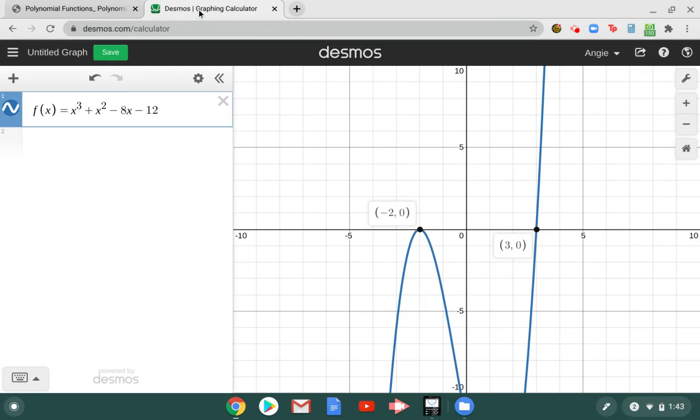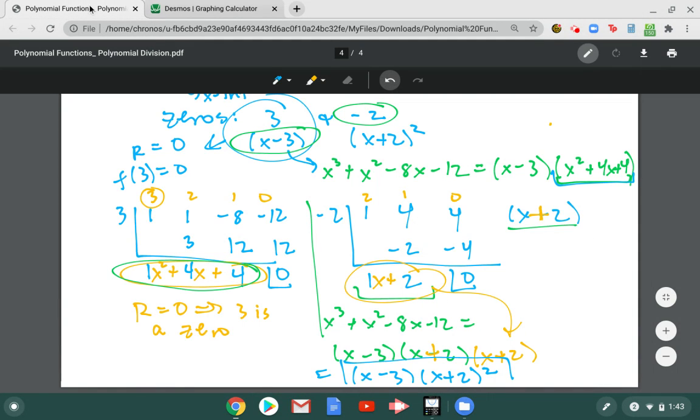And verifying that with our graph, that's exactly what we see here. Linear behavior at the 0, 3, quadratic behavior here at the 0, -2. We're going to do more with polynomial functions in the next section in terms of synthetic division and zeros, but it's really, really powerful tool as we're working with polynomial functions.